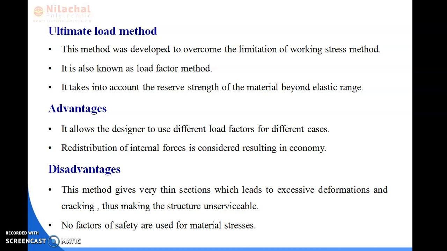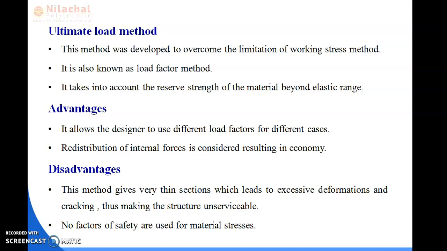First, this method gives very thin sections, which leads to excessive deformation and cracking, thus making the structure unserviceable. In the first design method, the working stress method, we only consider the serviceability, not the strength part.